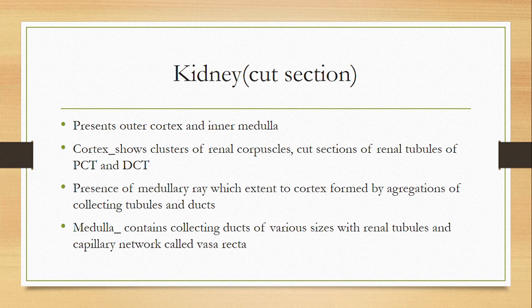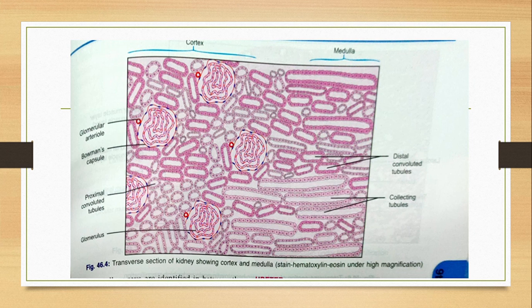First, the general features of the kidney. Under the microscope, the kidney can be divided into two: the outer cortex, the outer cortical region, and the inner medulla.